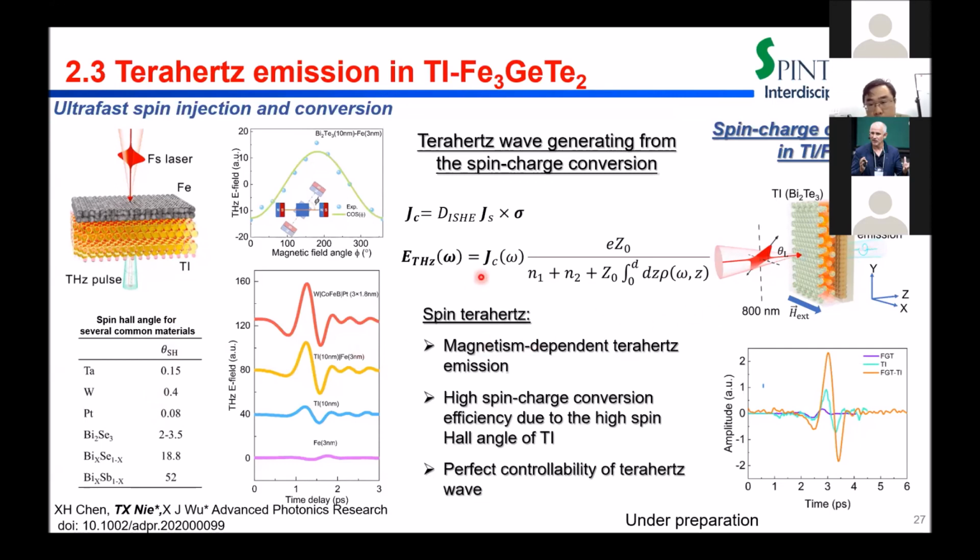Following this, we work on the topological insulator and iron germanium telluride. It can actually give terahertz emission. However, the intensity is not so strong yet. But this is the first demonstration of terahertz emission in a 2D ferromagnetic material. This work we are still working on.